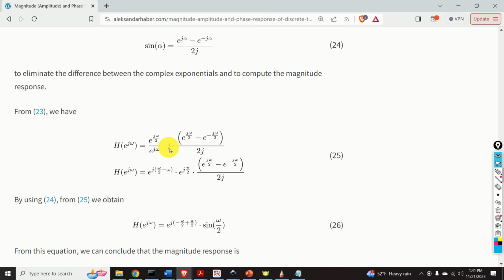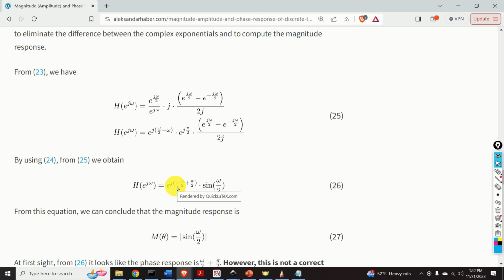Now, j is actually e to the power j pi over 2. And finally, I can simply substitute this complete term by this term over here, and I can group these two terms together, and finally, I obtain this expression. Over here, I simply computed this part, and I added pi over 2.